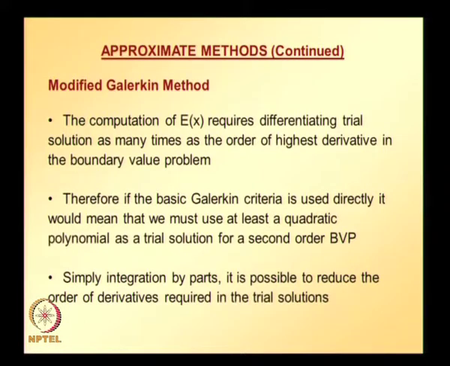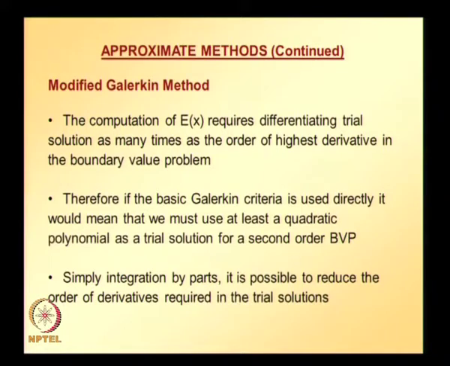So, we can solve a second order boundary value problem even with a linear polynomial, because once we apply integration by parts, we can reduce the highest derivative present, which is 2 for a second order boundary value problem, to an order 1 less.